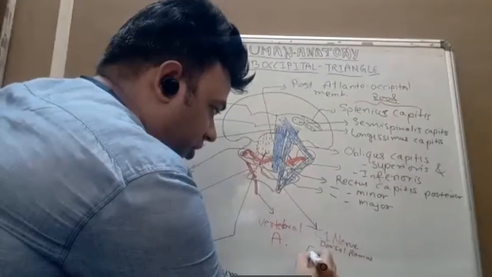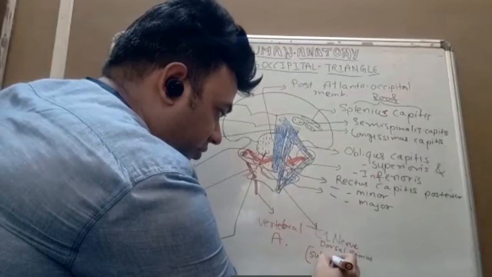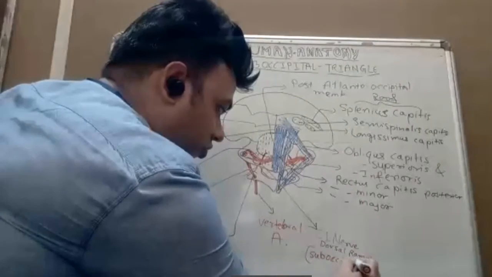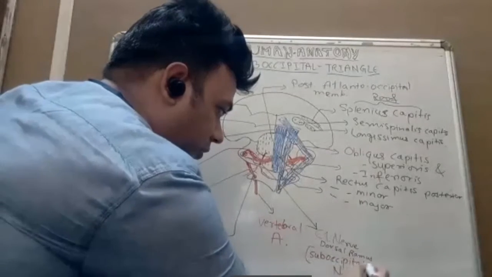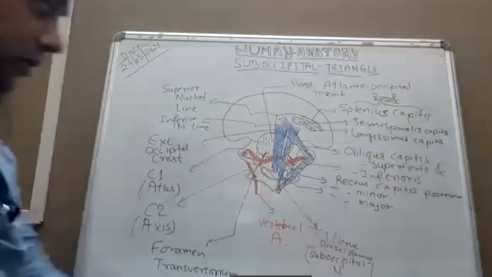Also known as suboccipital nerve. Okay, so when they say suboccipital nerve, understand it is the dorsal ramus of the C1 nerve. Suboccipital nerve. So this is the content of the suboccipital triangle.